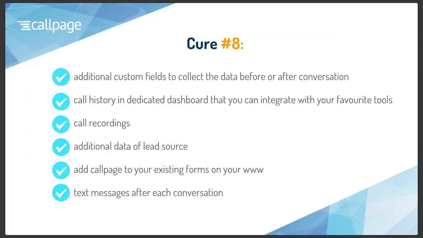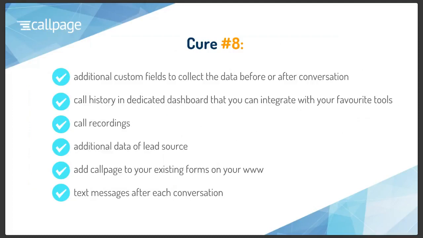Of course, we record all the calls for you. For example, if you forgot something that you promised your customer, you can easily come back to it. Or if your customer wanted to give you his email address over the phone and you wrote it down wrong, you can just come back and listen to it again.